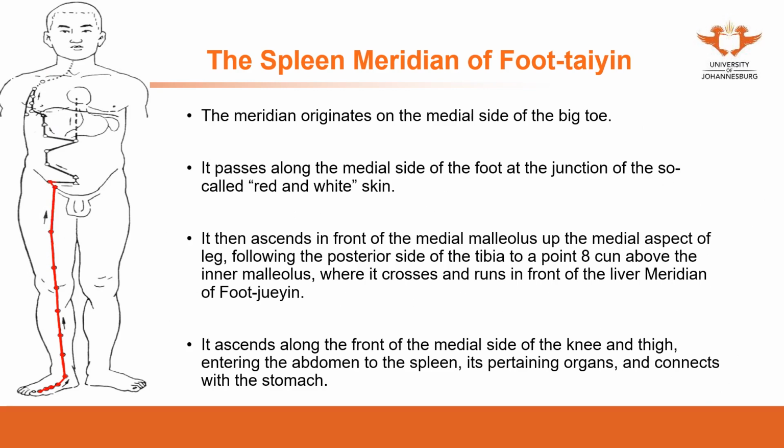starts from the big toes, medial sides of the toe. It passes along the medial side of the foot and at the junction of the red and white skin. What's the junction of the red and white skin?